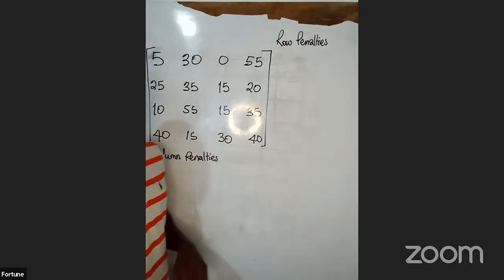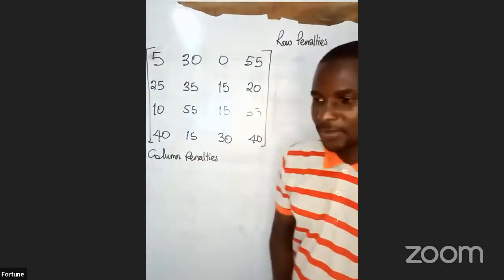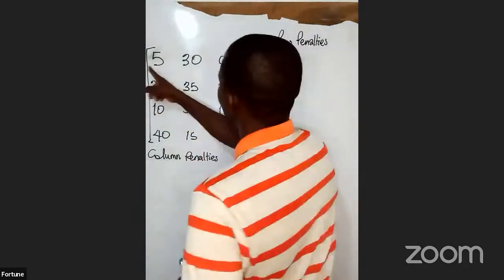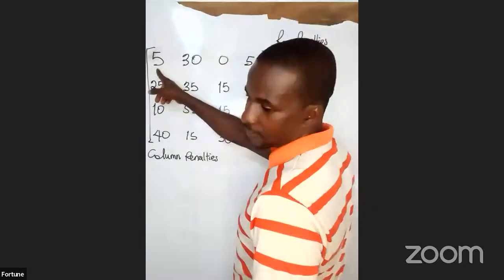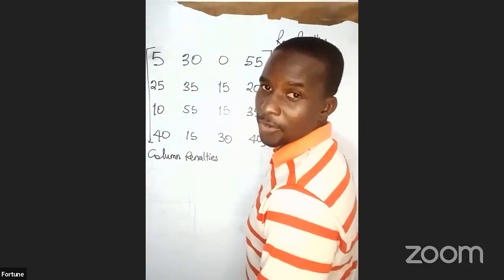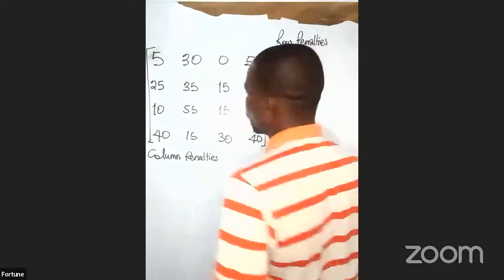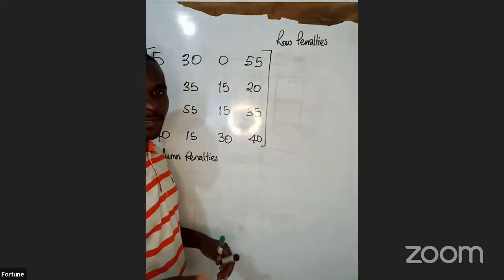How do you get the penalties? You have the least and next least. What is the least here? 0. What's the next least? It's 5. Are you there? Okay, good. So the penalty is the difference between the least and the next least.